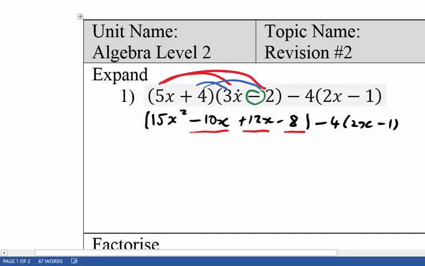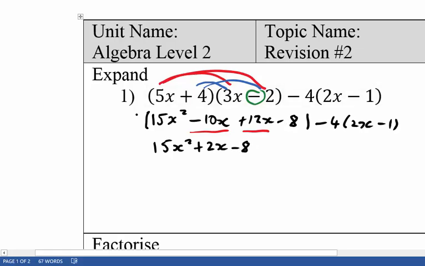There is no x attached to that, because 4 times negative 2 is negative 8. So I can therefore get rid of that x, because it doesn't have an x. But both of these have an x, so I can add those together. And negative 10 plus 12 is positive 2x, and then I can put that negative 8 there.